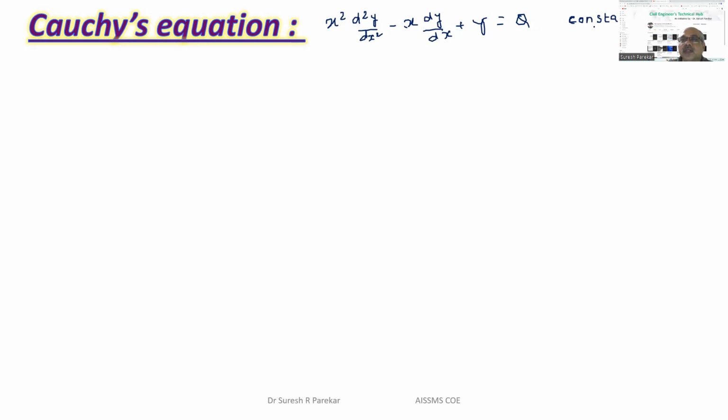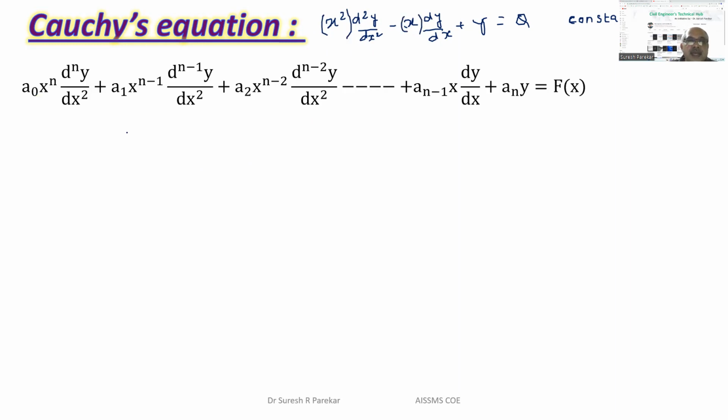Reduce to constants means we are going to make it a differential equation with constant coefficients. And once we have made this, then whatever we have applied in the last videos, that we can apply over here. So the aim is to make it with constant coefficients instead of these variable coefficients.